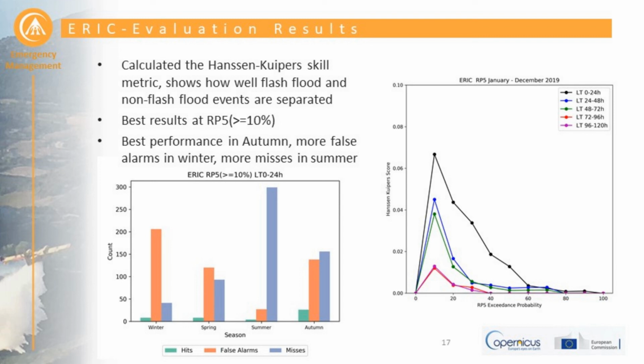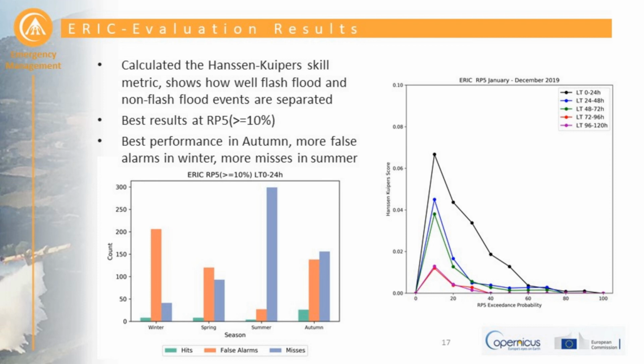So just breaking down that performance seasonally, and into hits, misses and false alarms. If you look at the graph on the bottom left, for this 10% exceedance probability of the 5-year return period, you can see that in winter we end up with quite a lot of false alarms, in summer we end up with quite a lot of misses, and in autumn you get a mixture of the two, but you get more hits.